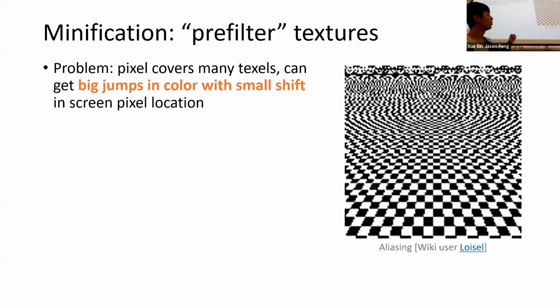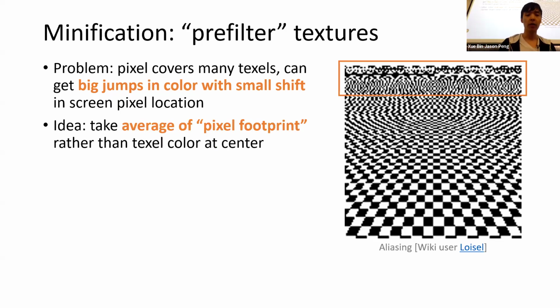And that can end up leading to these large distortions in the pattern of the original texture. So to correctly determine the color of a pixel in this minification case, we need to take into account the color of all the texels that are covered by a particular pixel.